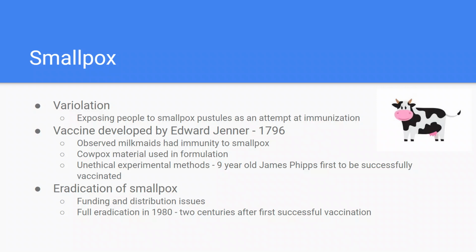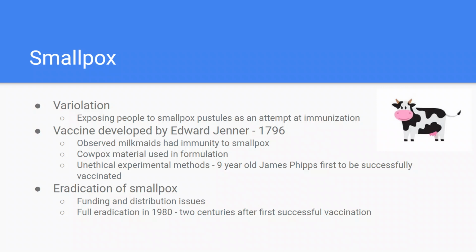He did administer the first successful vaccine to a 9-year-old, James Phipps, but this would later lead to the eradication of smallpox with some changes to the vaccine. They eventually wiped out smallpox by 1980 as determined by the World Health Organization. But this took a while due to a lot of funding and distribution issues, getting it to essentially every corner of the globe.